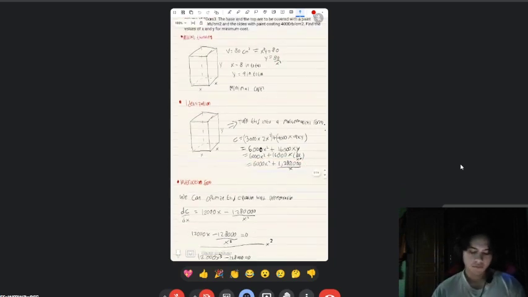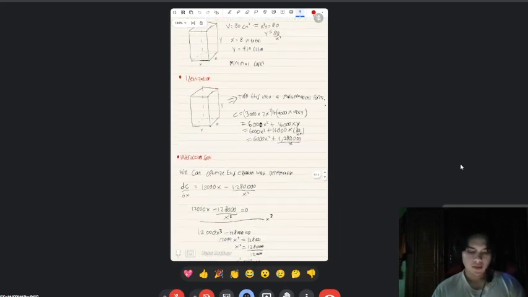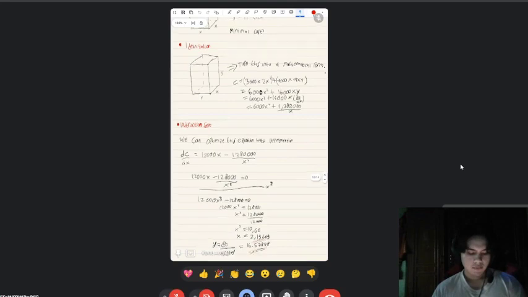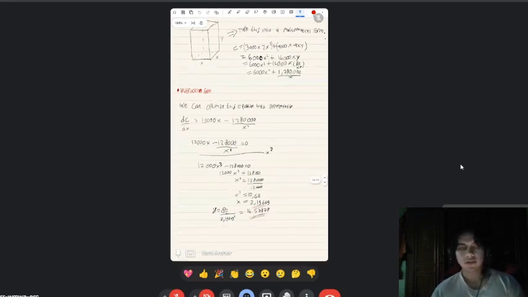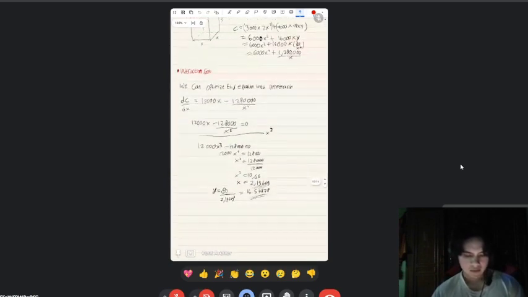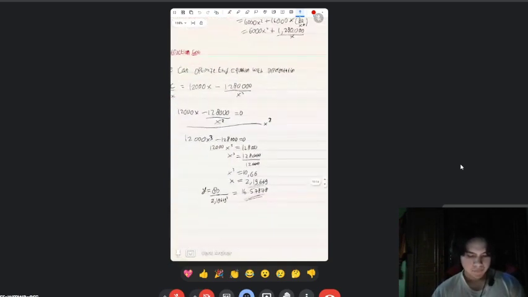Okay, now that we have everything, it's been simplified and it's been all idealized, we can move on to the instruction set. And here, this part is where we can optimize this equation with differentiation, and we can obtain the minimum value of x and y to optimize the cost of painting this rectangular block.